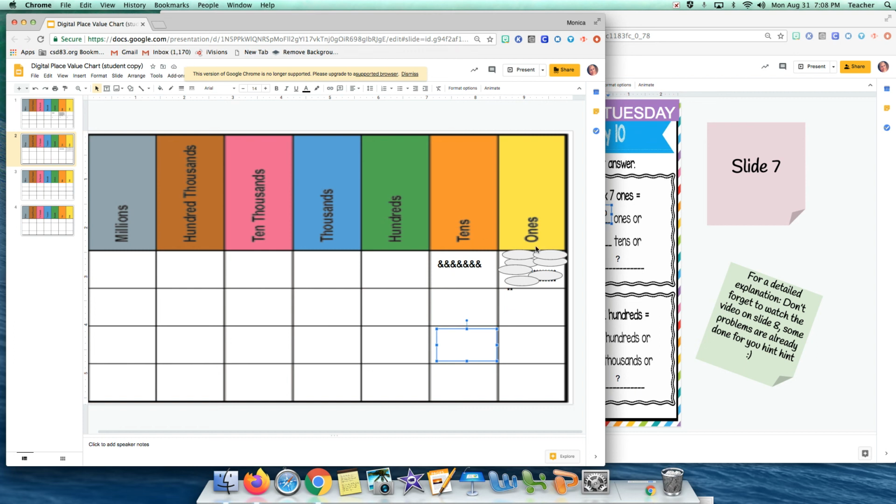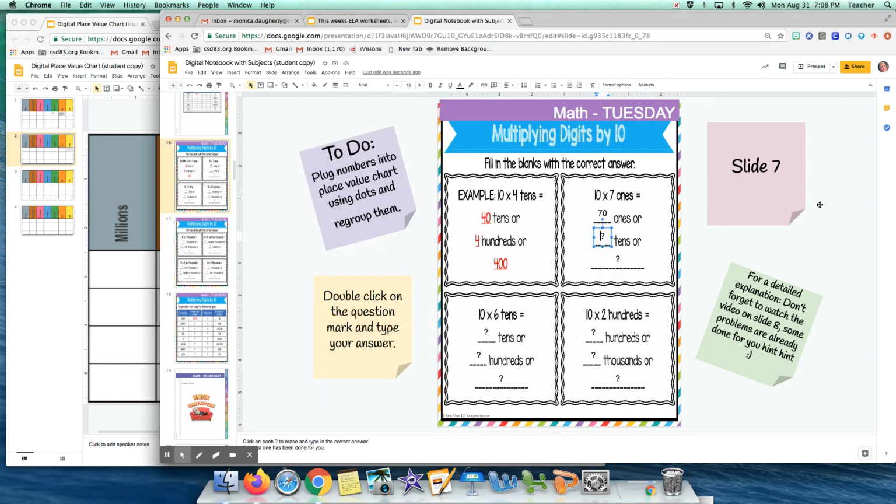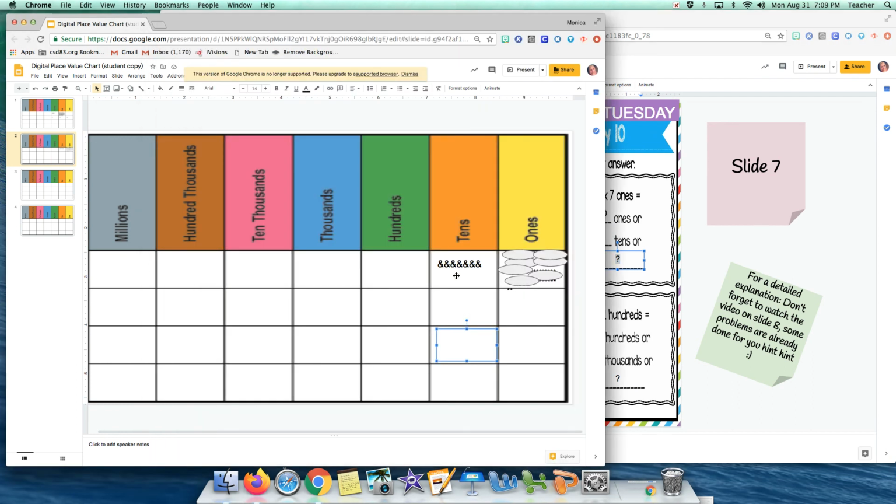So we're going to write 7 tens, or we need to expand it now. So we're going to write our number right here. We've got 7. And I no longer have any ones left because I moved them to the neighbor, so I have 0. So really, it is 70.